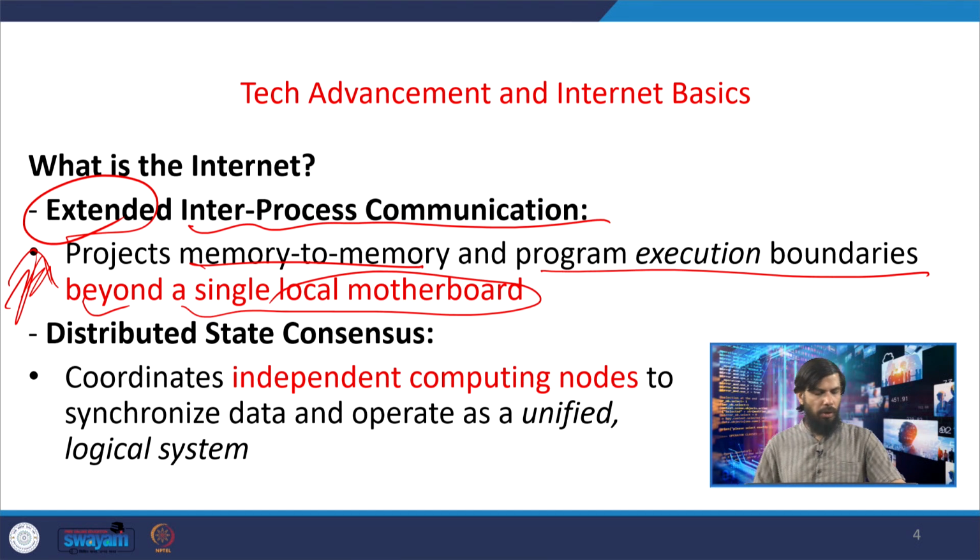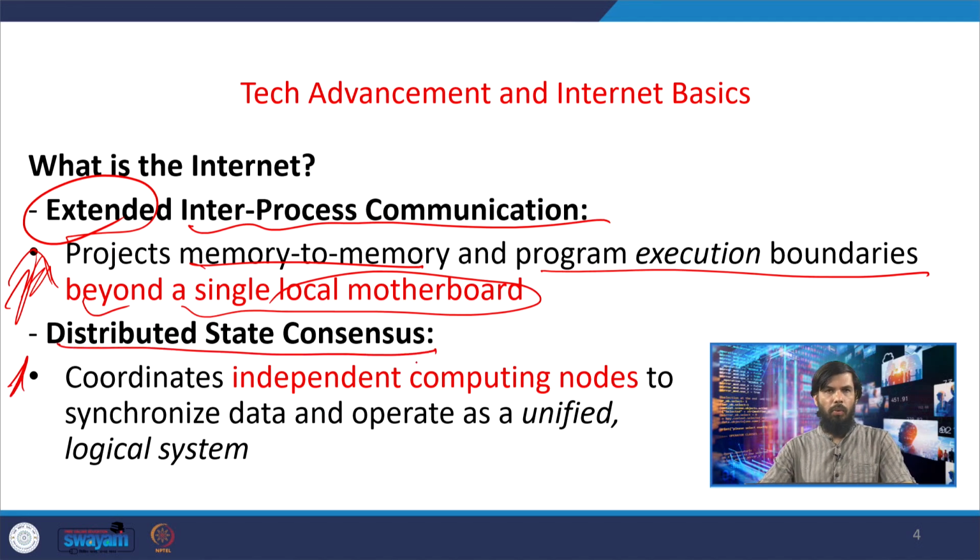Next defining feature is distributed state consensus. So what is this about? The internet supports coordination among independent computing nodes to synchronize data and operate as a unified logical system. Between computing nodes we are talking about the distributed computing setup, which we will discuss in more detail later.